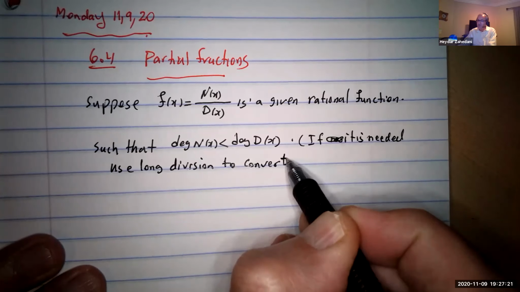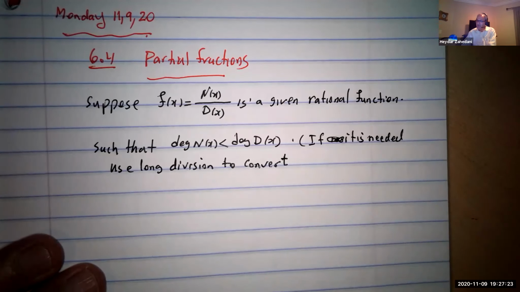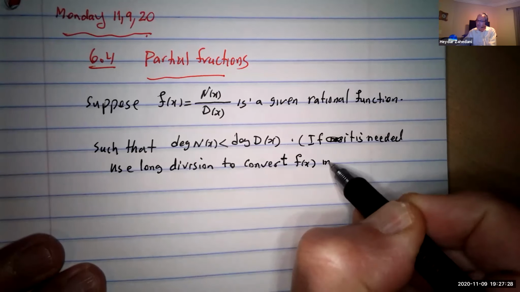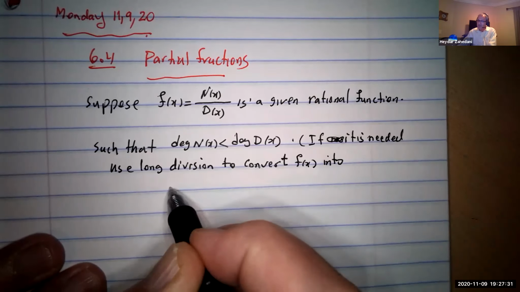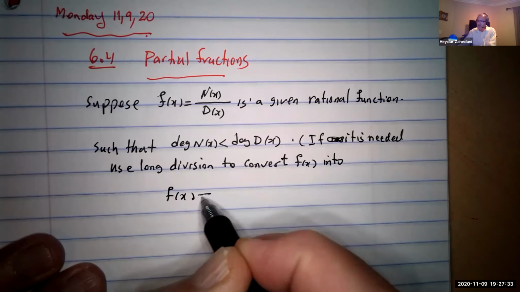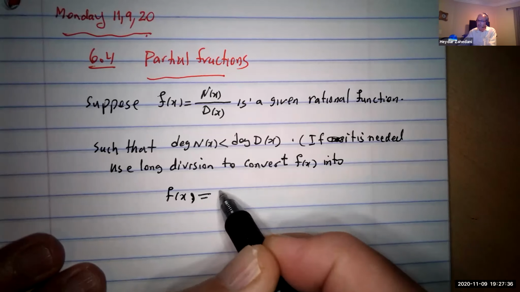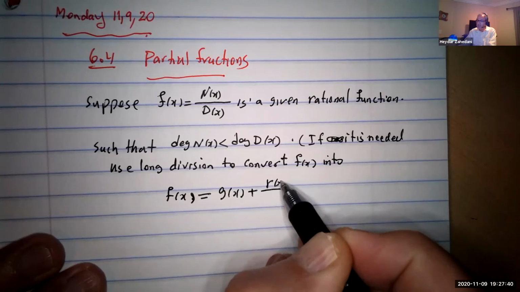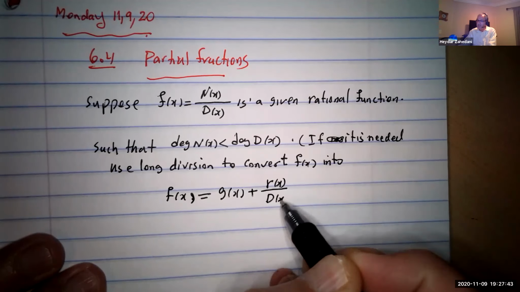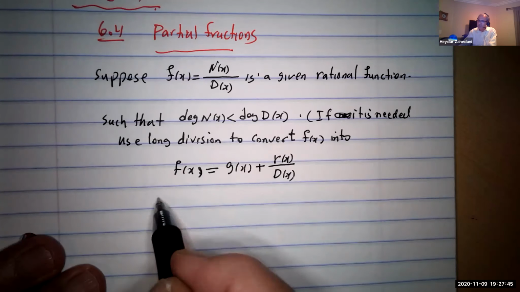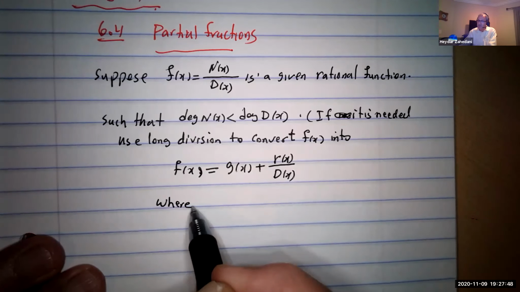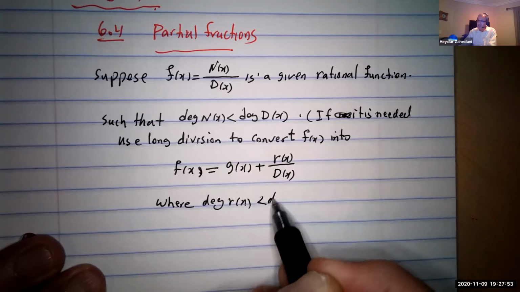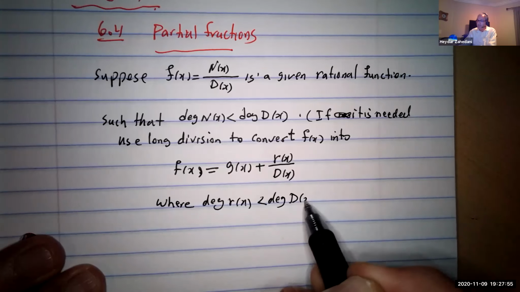to convert f of x. You need it for a couple of cases. You can convert f of x into the quotient, call it g of x, plus r of x, the remainder, over d of x, where the degree of the top is less than the degree of the bottom.